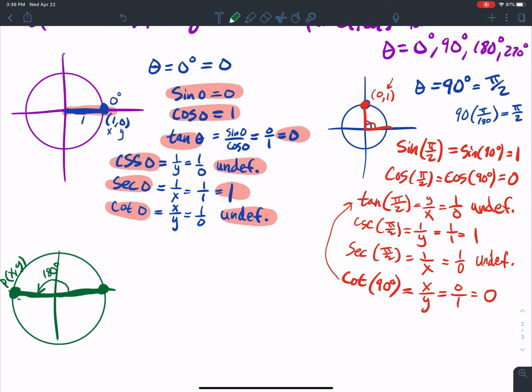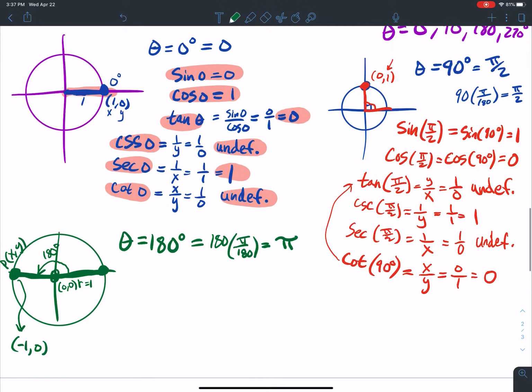This point here is -1, 0, since remember my radius is 1 for a unit circle. Okay, so then I find my origin at 0, 0, like always. That's where that central angle is located. Now 180 degrees, theta equal to 180 degrees. This in radians is 180 times pi over 180, which is just pi.